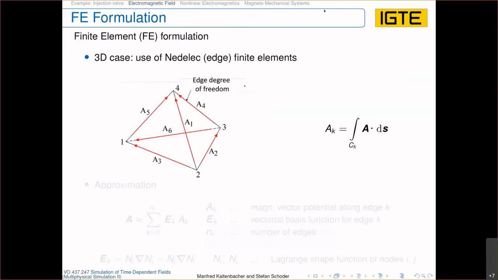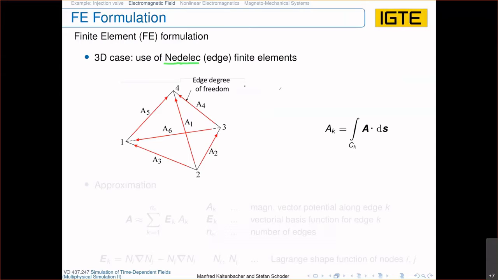Nedelec was the scientist in 1980 who was the first who really found correct basis functions, and since the magnetic vector potential is a vector, and especially the magnetic vector potential should have a continuity of the tangential components, he introduced these so-called edge finite elements.